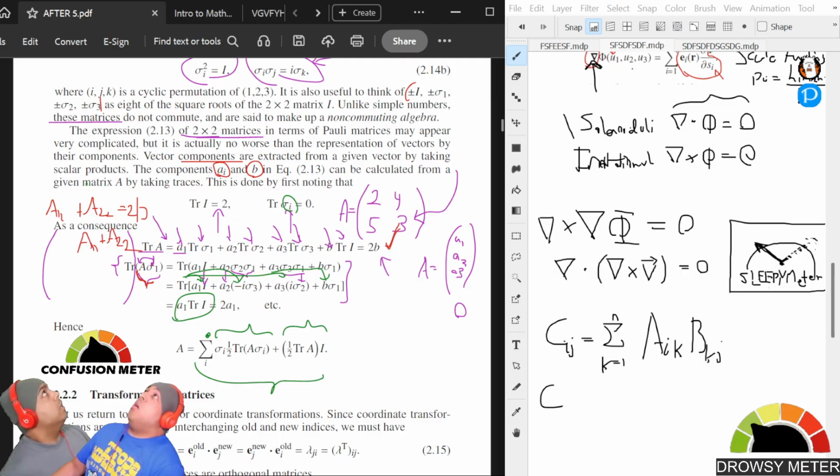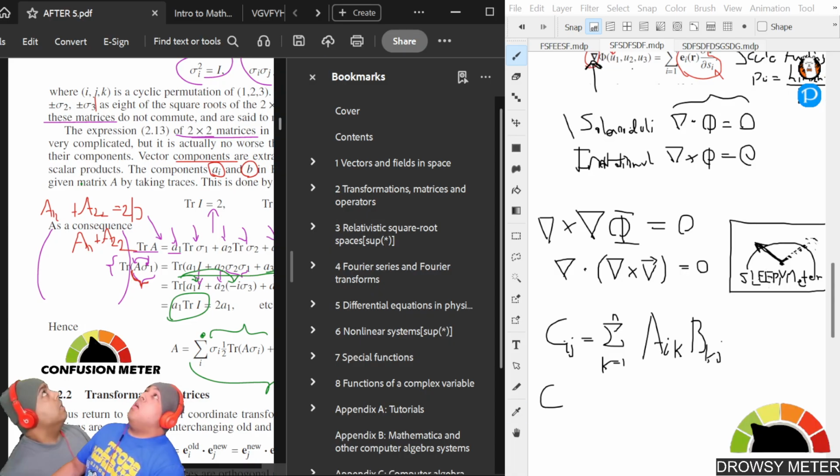The topic of the book is mathematical physics. They go into a bunch of stuff: vector fields, vectors and fields in space, transformation matrices and operators, relativistic square root spaces, Fourier series and Fourier transforms, differential equations in physics, maybe nonlinear systems, special functions.